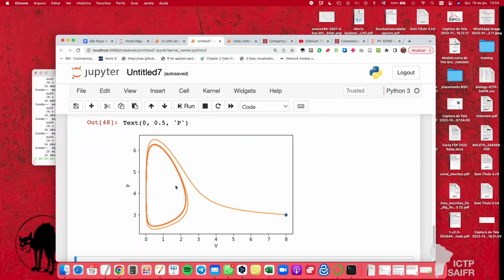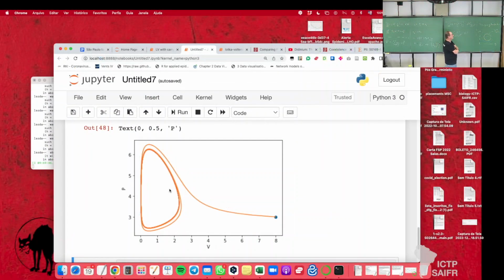But now we want to know how oscillations depend on K. So K is the carrying capacity for, where's the equation? K is the carrying capacity for the prey.